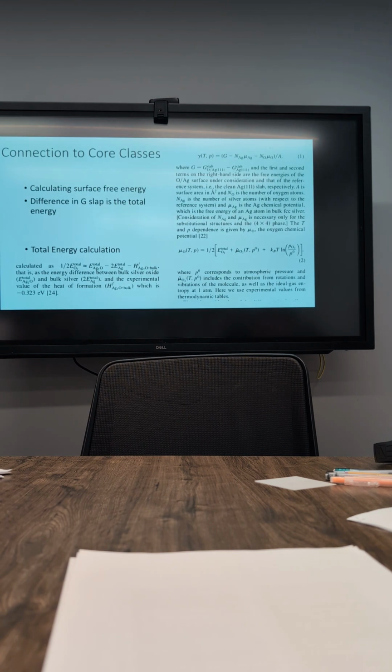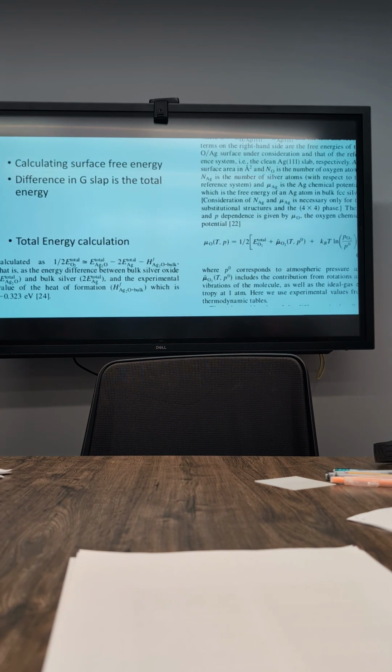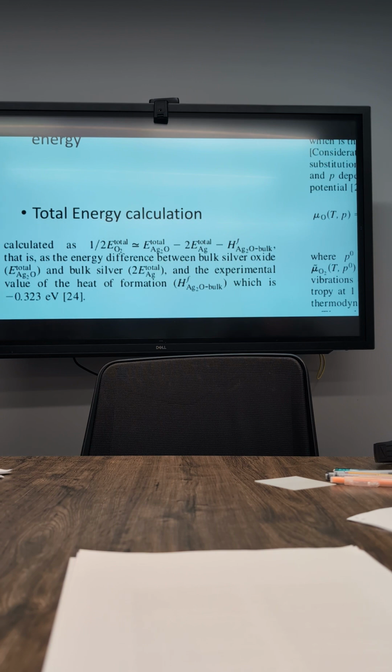And then they also use, if you're wondering where that E total comes from, I'm going to throw this in too. They calculate the E total. They might ask this too, like, how do you calculate E total? So they use the resulting bulk silver oxide, and they extract it by just silver by itself.